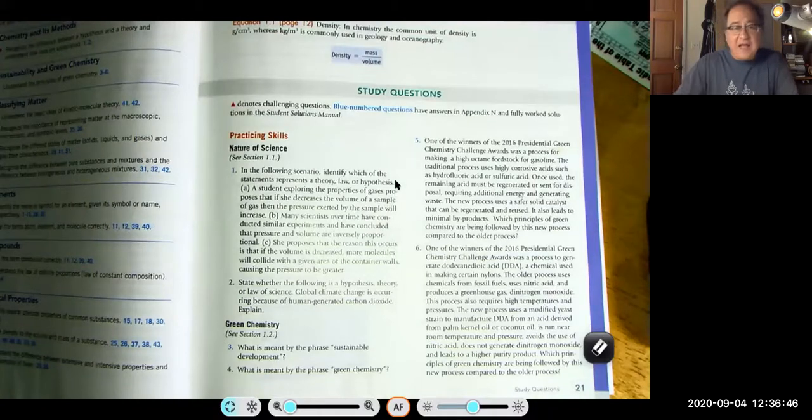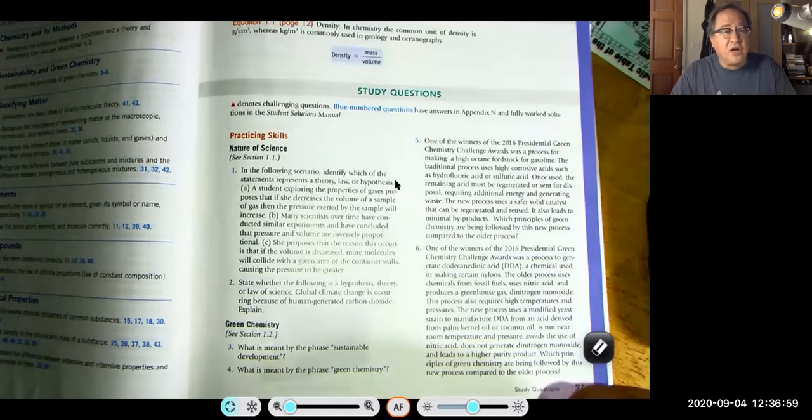Okay. How about B? Many scientists over time have conducted similar experiments and have concluded that pressure and volume are inversely proportional. Is that a theory or a law? What do you think? Well, it turns out that it's a law.